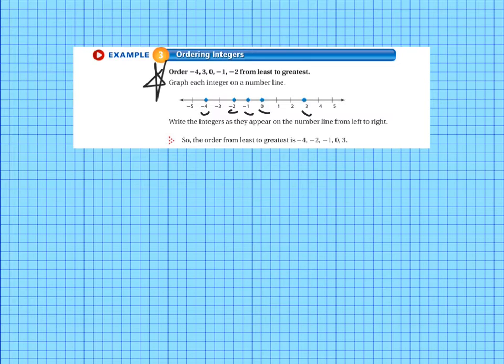And then we can see their order. Since they asked us to order them least to greatest, the order from least to greatest is the order that they're in left to right on the number line. So negative 4, negative 2, negative 1, 0, and 3.